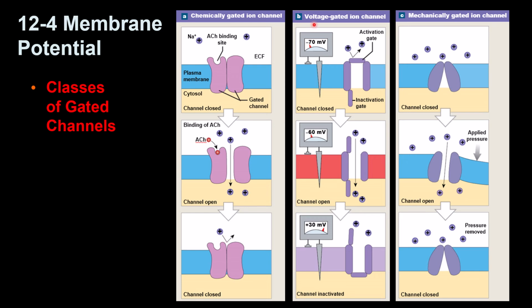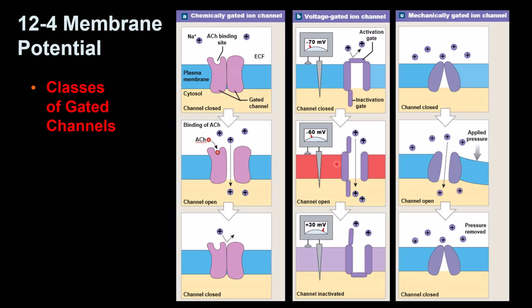The second one is called voltage gated channel. Here it is at rest, and there is no stimulus. You have two types of gates. One is the activation gate, which is normally closed at rest, and the other one is the inactivation gate, which is normally open at rest.